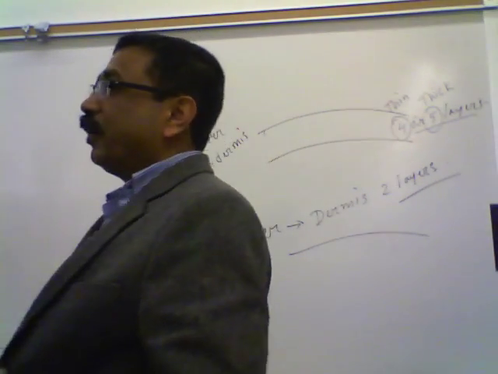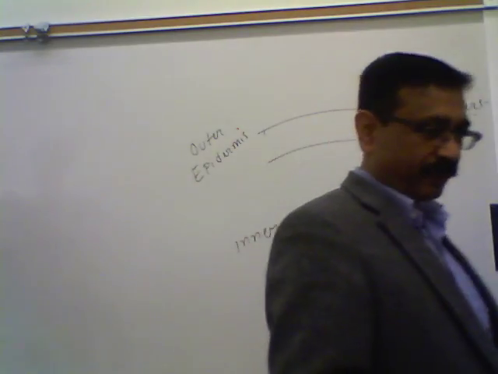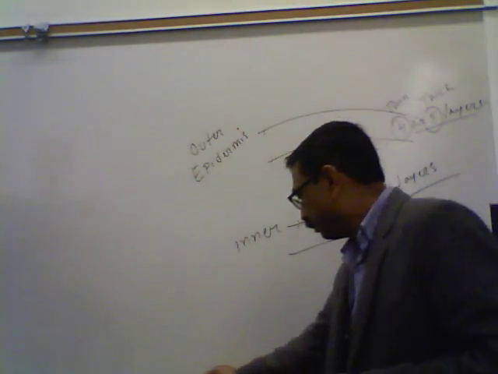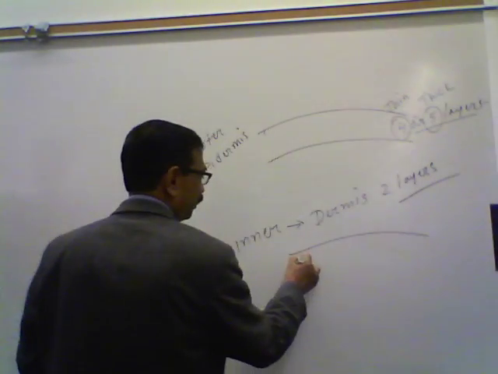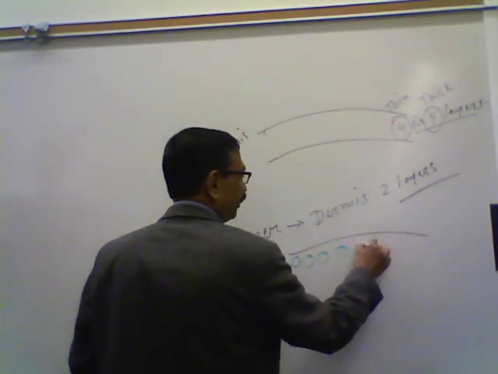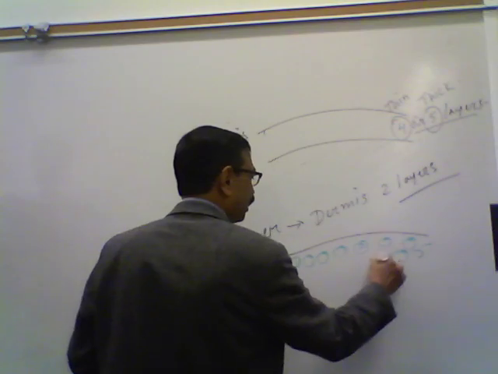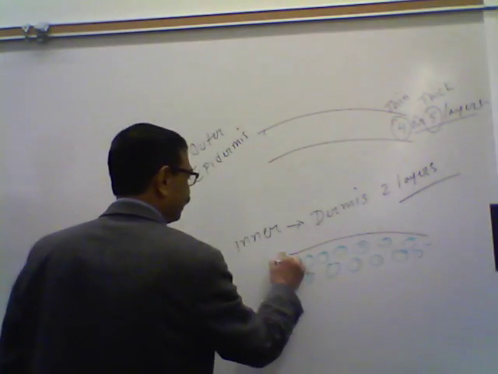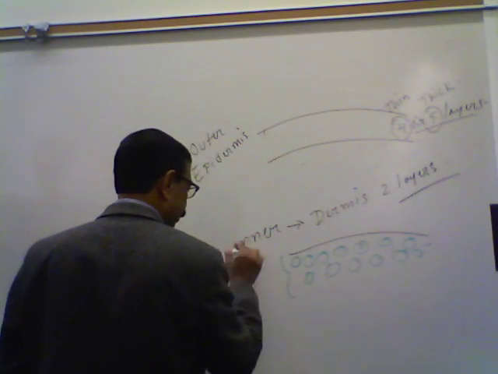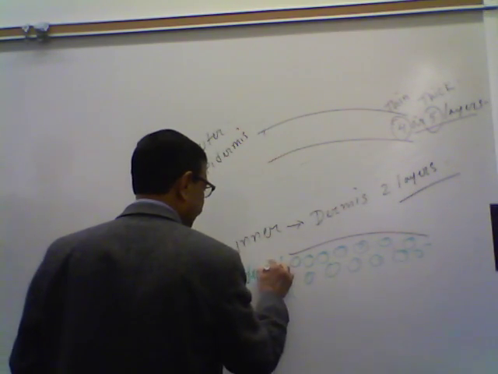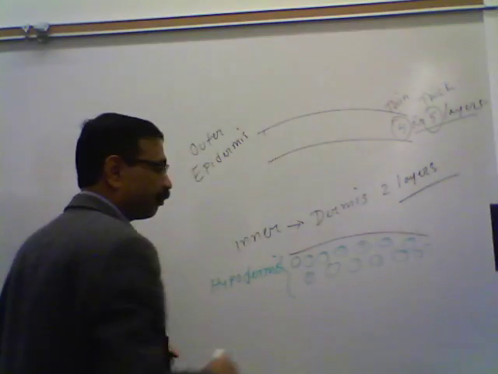Okay. Now under the dermis there is another layer, but it is not considered as a layer of the skin. This is called hypodermis. Hypo means below, below the dermis.